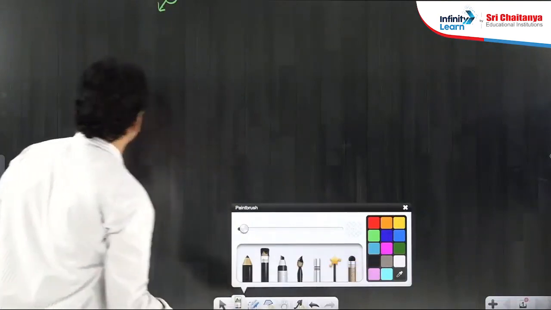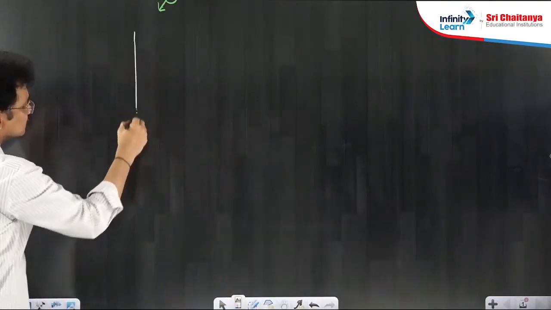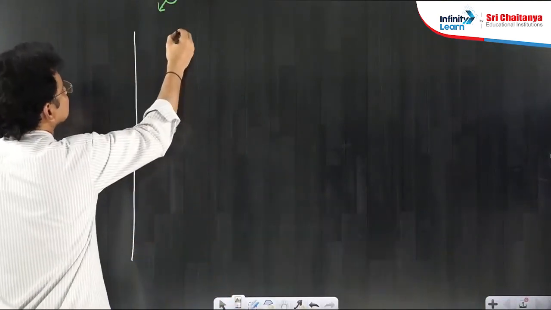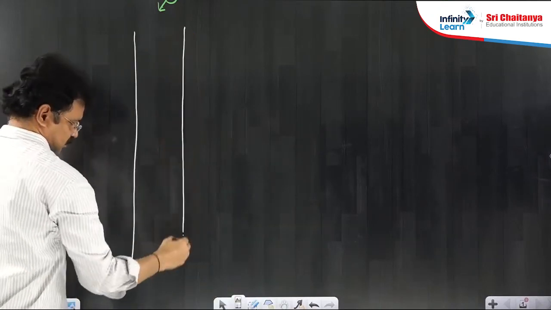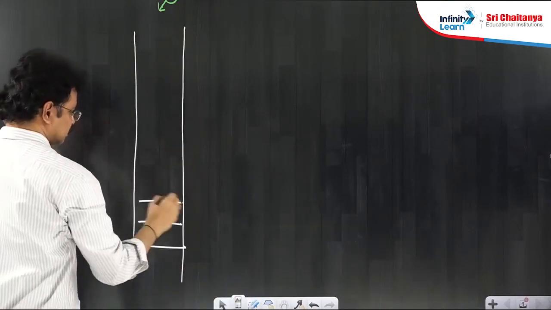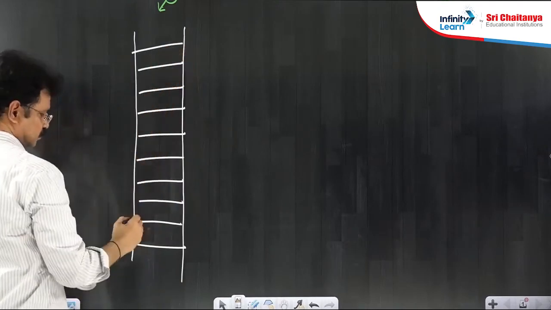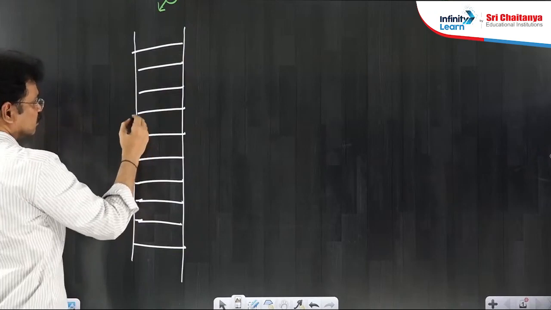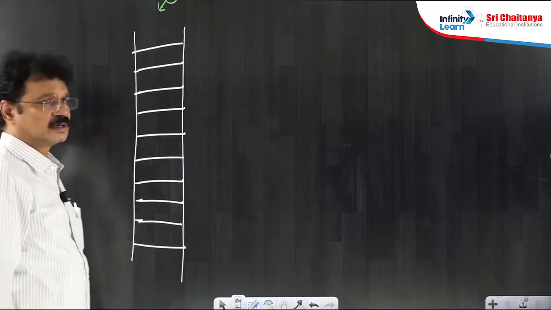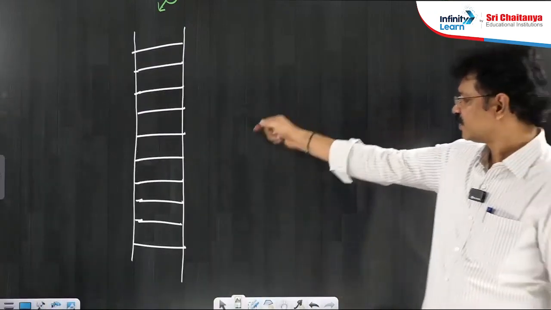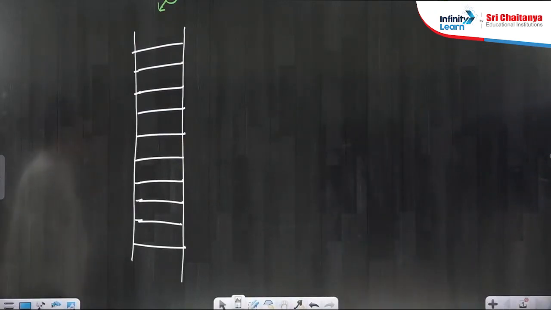I will draw one small diagram and guess what it is. Identify this diagram, guess it.